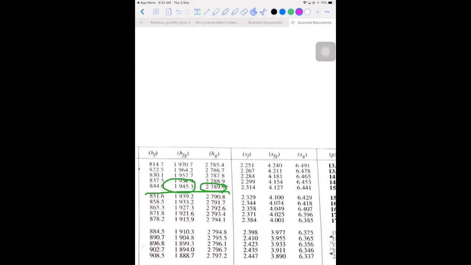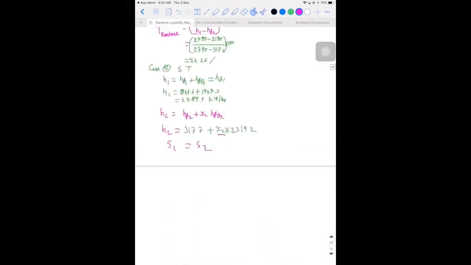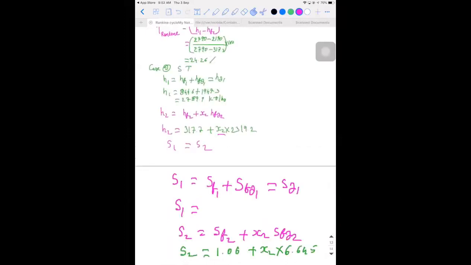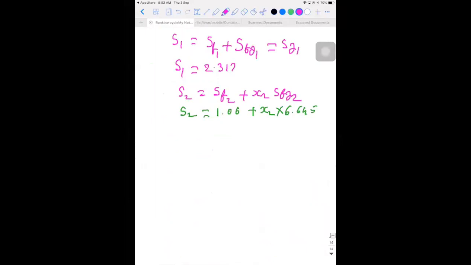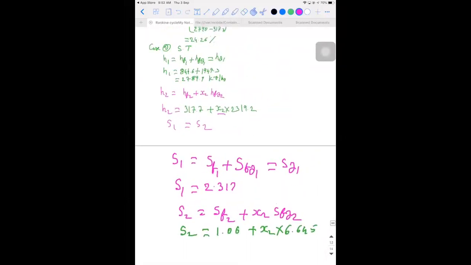And now I'll go with S1, and that is equal to 2.314 plus SFG1.